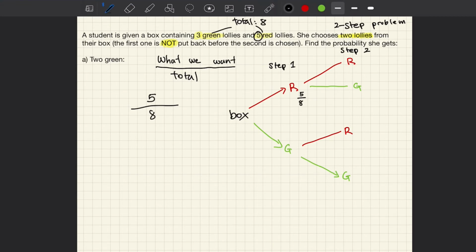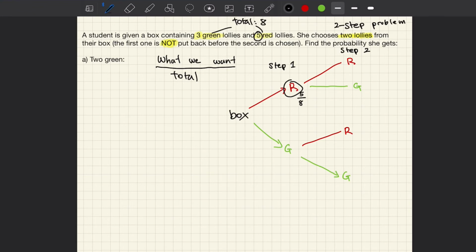So, we've already picked a red up. Now, how are we going to get this second red? So this second red has one less red because we've taken one here, and it has one less overall because we've taken one out.